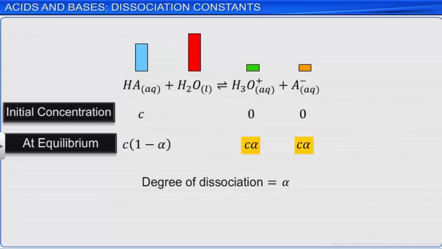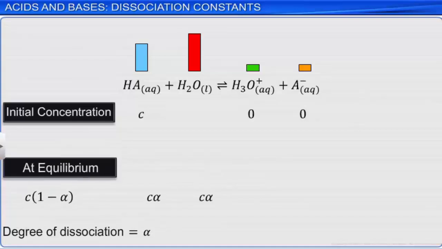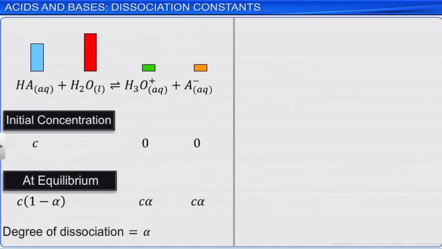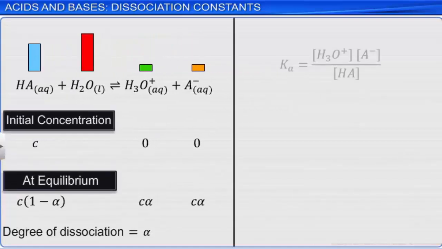The dissociation constant Ka for this dissociation equilibrium can be written as Ka is equal to the product of concentration of H3O plus and A minus ions, divided by concentration of HA.